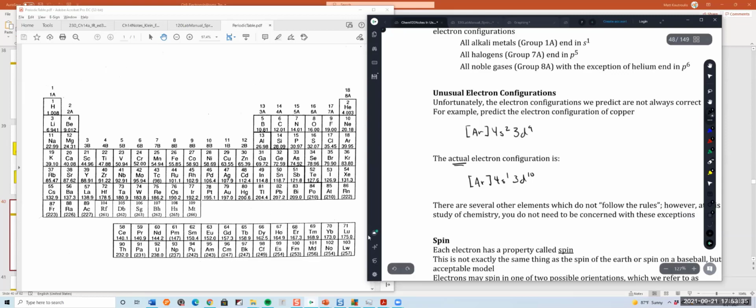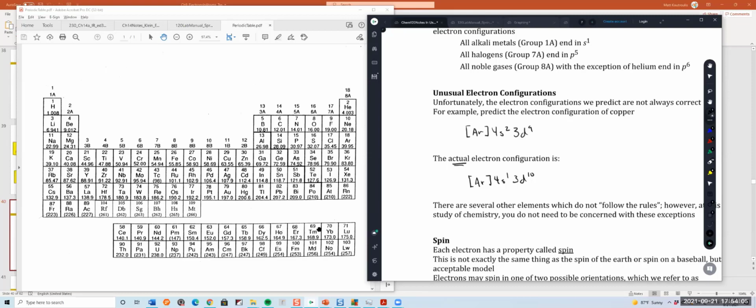The elements I expect you to be able to do are pretty much 1 through 83, or actually probably 1 through 86, except for any of these in the f block, and except for any exceptions.